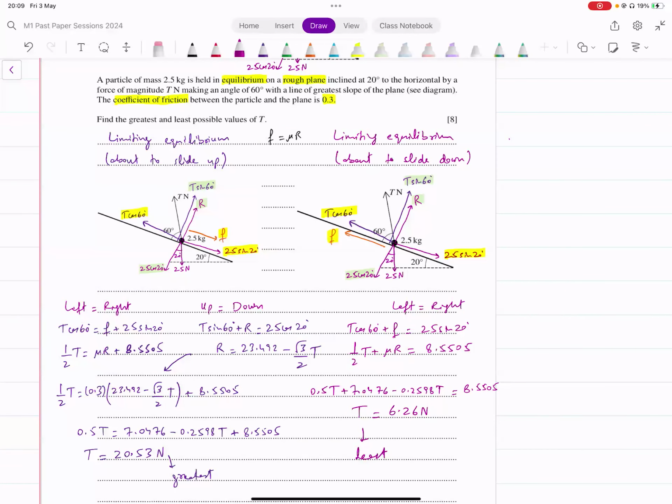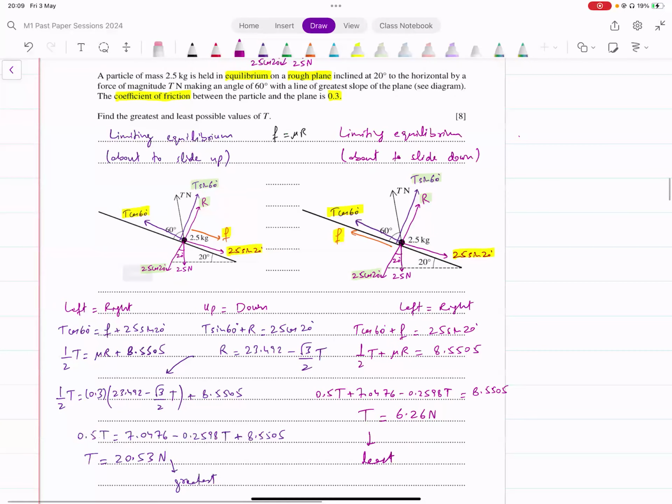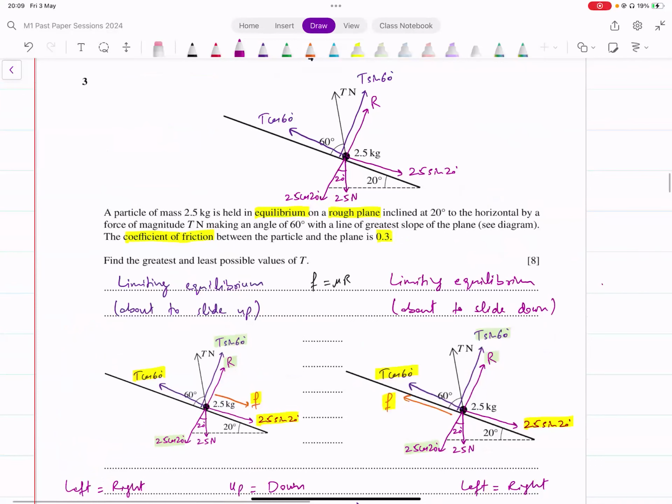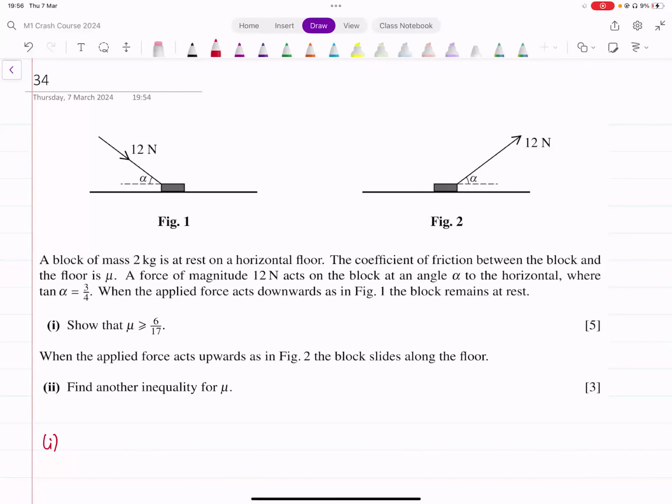In friction problems, when you are asked about the greatest possible value or least possible value of a force, this is generally something that you always have to do. Consider the limiting equilibrium cases on both sides: that the particle is just about to move up or the particle is just about to move down.